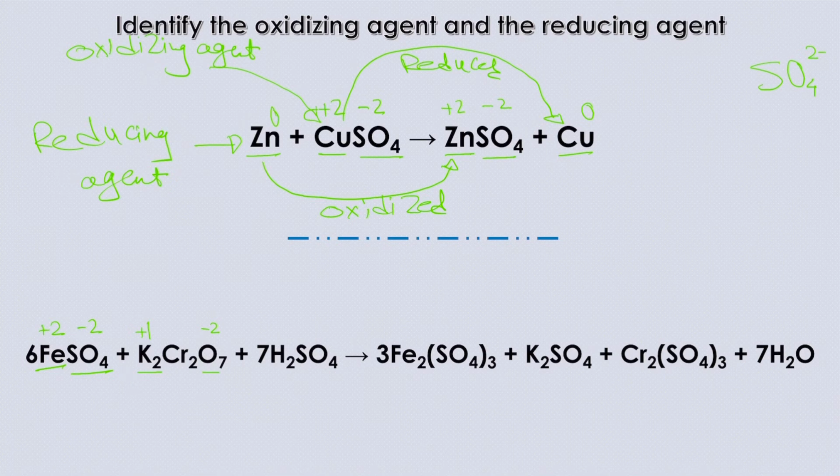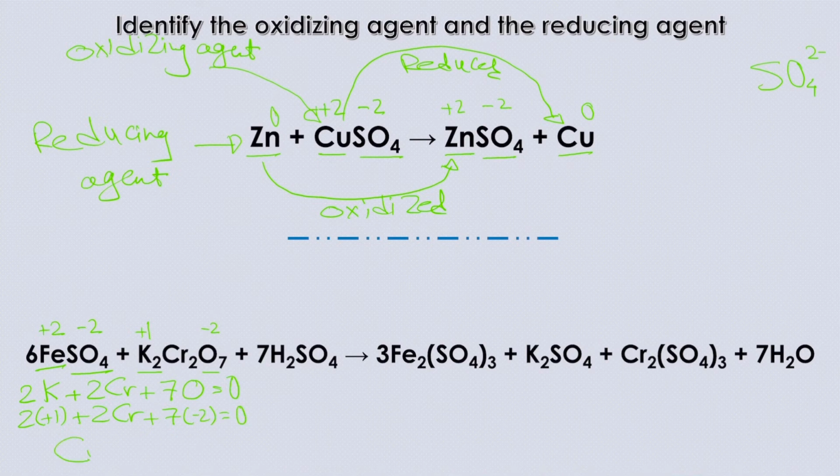What I can do now is write 2K plus 2Cr plus 7 oxygens equal to 0. So 2 by +1 plus 2Cr plus 7 by -2 is equal to 0.